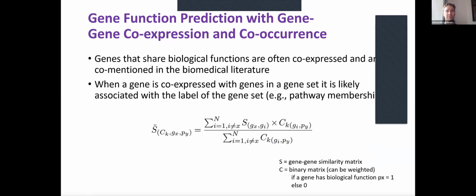And so this really led to the idea that we should maybe try to predict genes that are understudied and associate them with gene functions. And so we did this in the ARCHS4 project, where we just used the average correlation of a gene to a gene set, given some gene-gene similarity matrix, and that works really well.